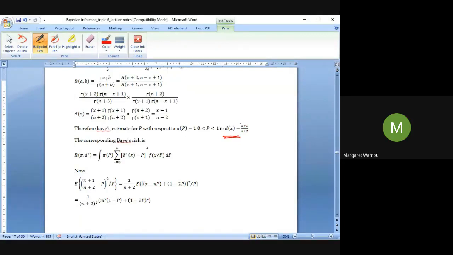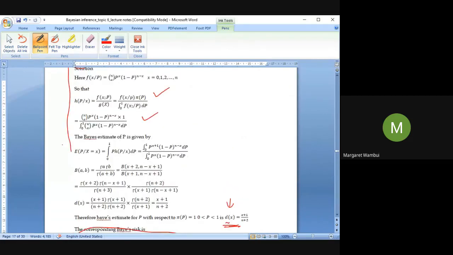You remember this was our Bayes estimate, where we said it's the posterior mean. So instead of calling it the posterior mean, we are now calling it our decision. In that case, the corresponding Bayes risk will be given by this. So you can see it's the same thing, but we only bring it into the context of decision theory, Bayesian decision theory.